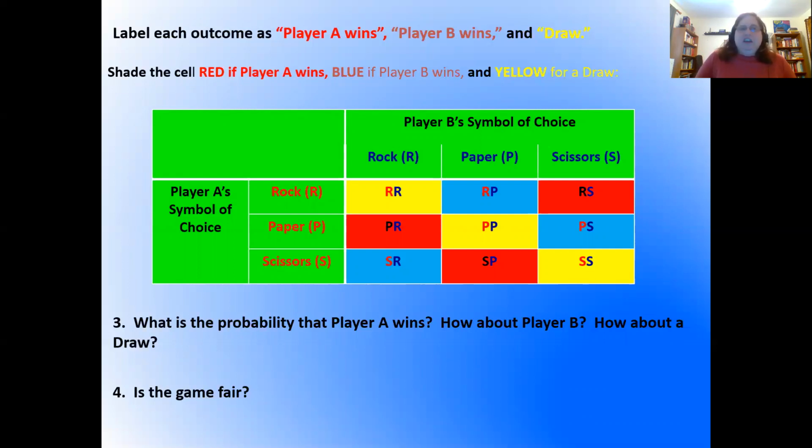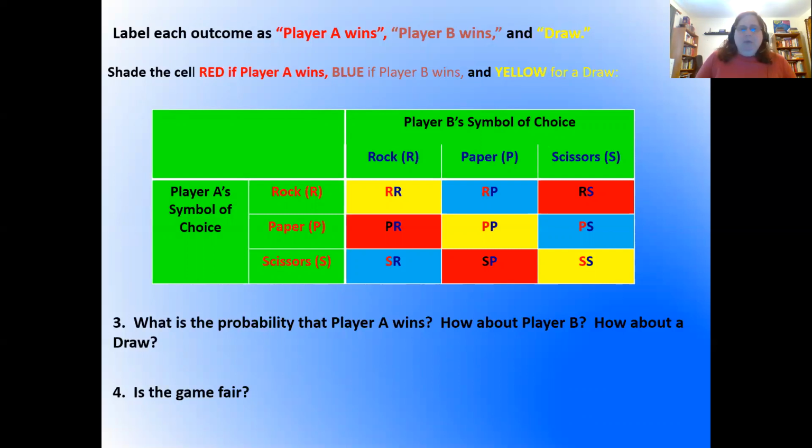Down the diagonal are all yellow because they're all draws: rock, rock, paper, paper, scissors, scissors. Here we have paper and rock combined in red, PR, because paper covers rock. And beneath that we have SR, or scissors and rock, or rock crushes scissors, so it's labeled blue.